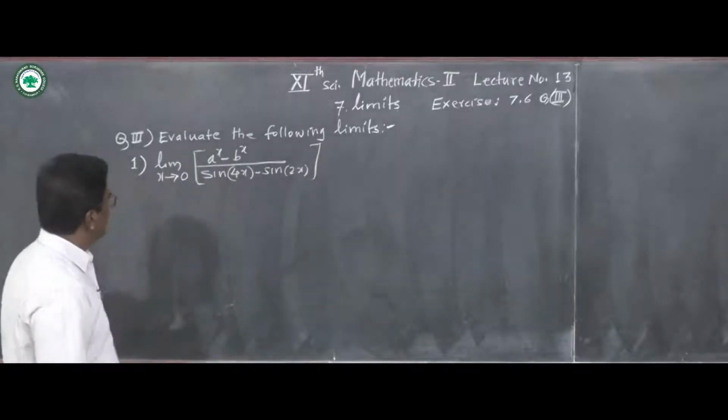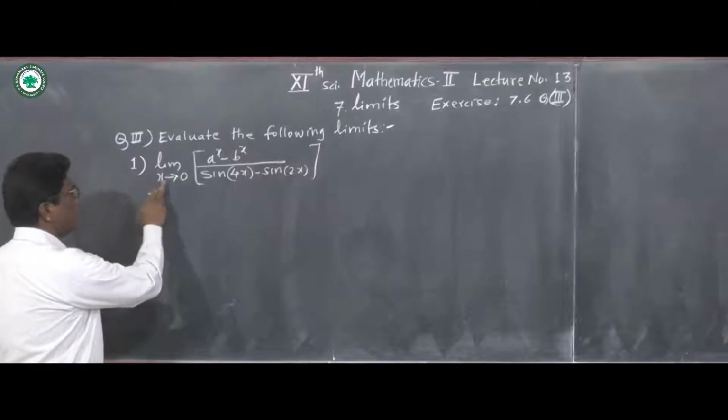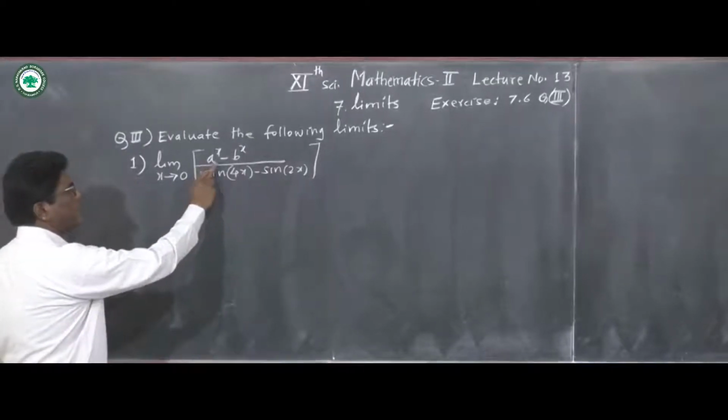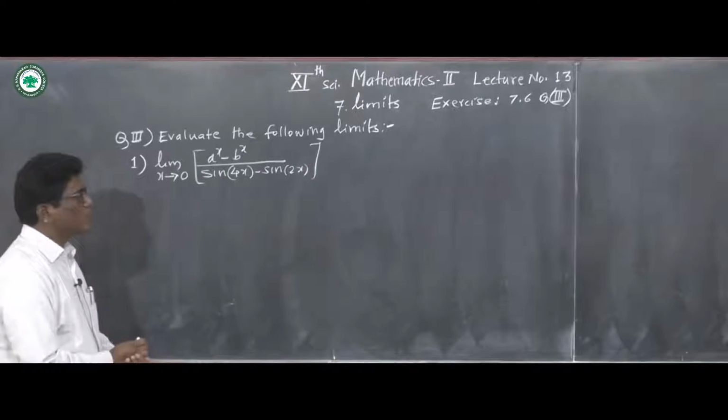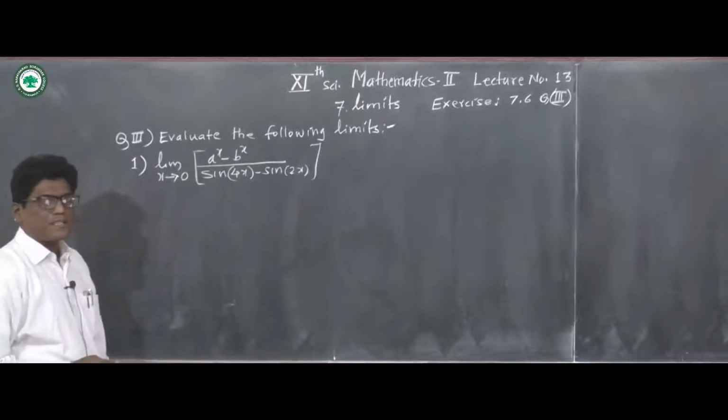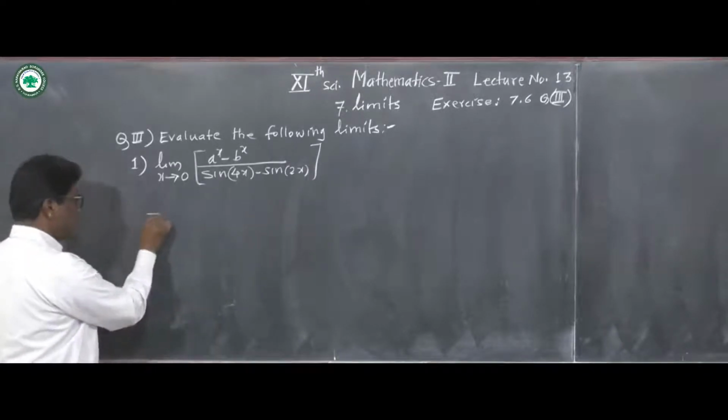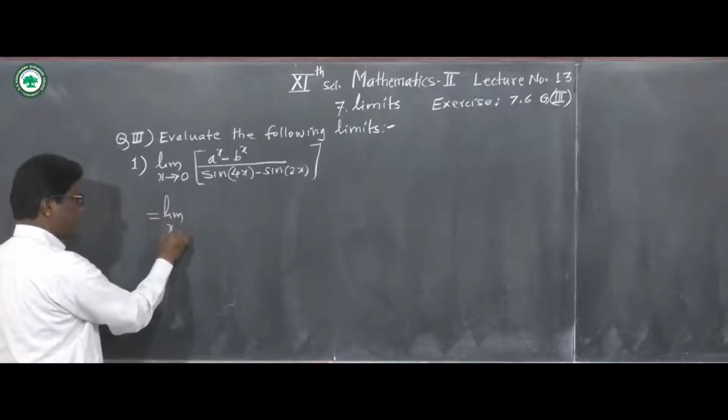Evaluate the following limits. First problem, limit x tends to 0, a to the power x minus b to the power x upon sin 4x minus sin 2x. So this is equal to limit as x tends to 0.